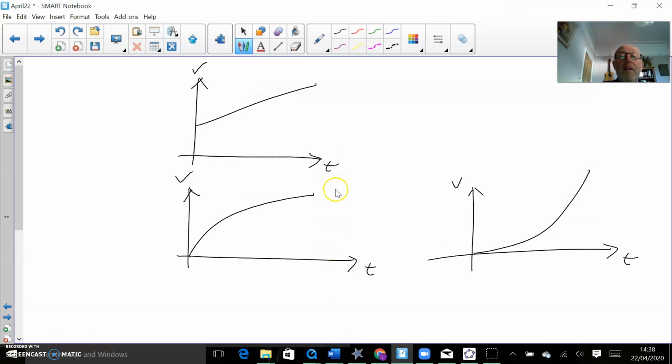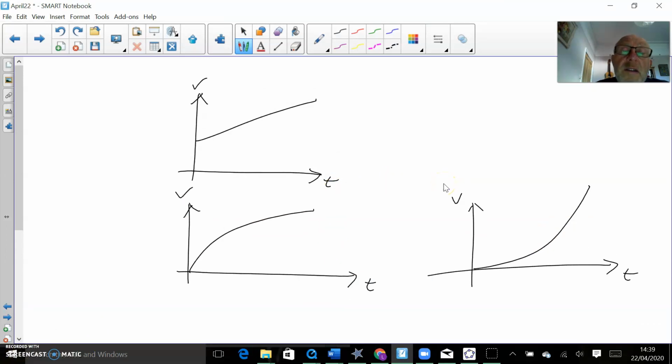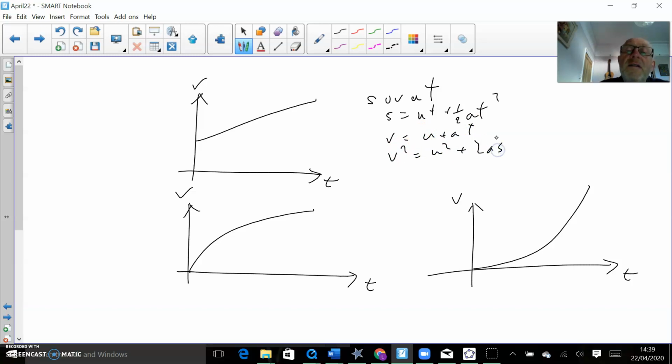Of course, when the acceleration is constant, we would use the Suvat equations. s equals ut plus a half at squared, v equals u plus at, v squared equals u squared plus 2as, etc. Those are relevant only for constant acceleration.